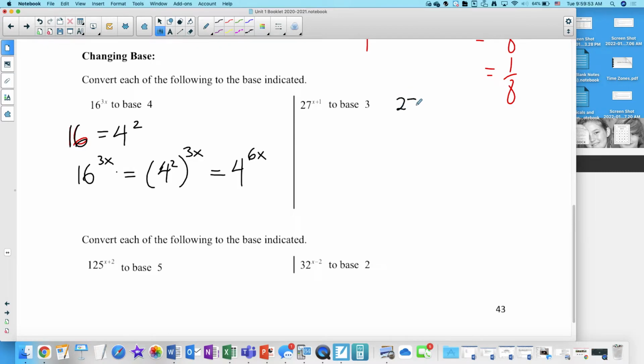And that something is 3 cubed. Okay. Now, we also want to multiply the exponents. What I find is helpful to do is actually, if it's a binomial exponent, to put brackets around it, because that 3 needs to be multiplied by both parts. Right? So this is going to become 3 to the 3x plus 3.